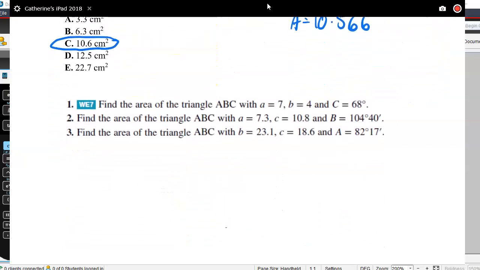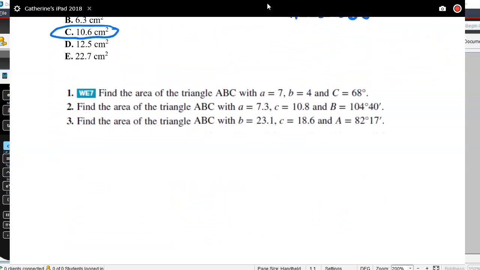Okay, let's do question 1 from your textbook. So this is exercise 20.4, question 1. Find the area of a triangle ABC with side a equals 7, side b equals 4, and angle C equals 68.